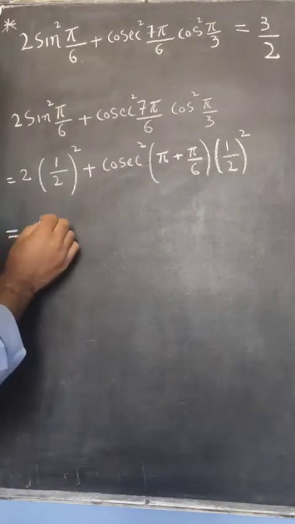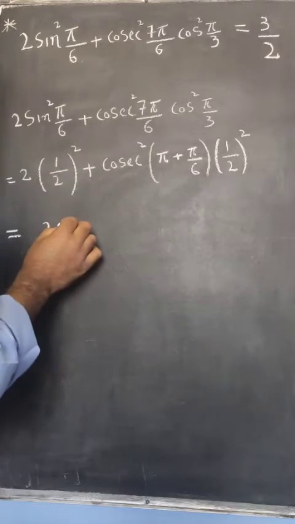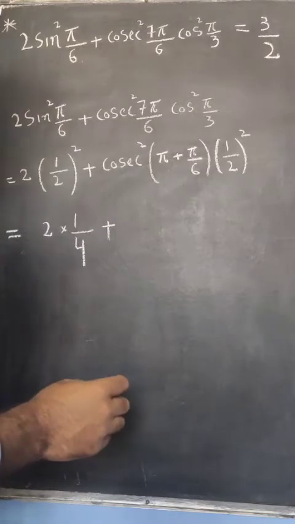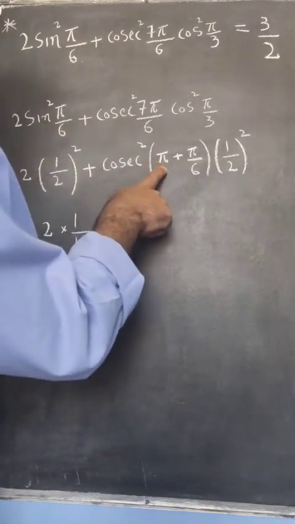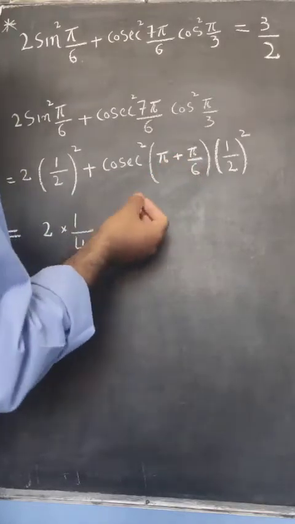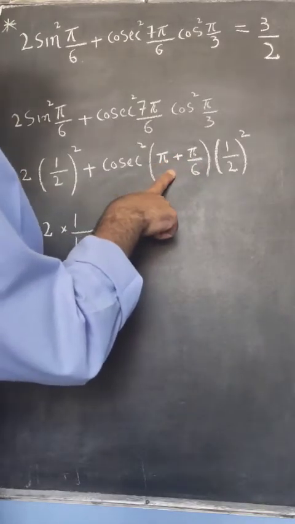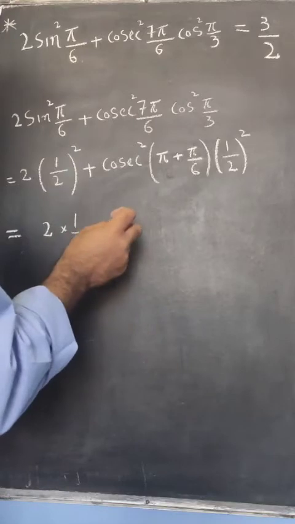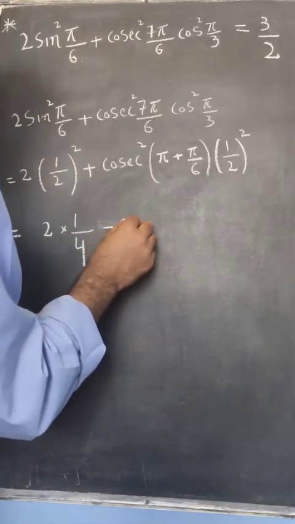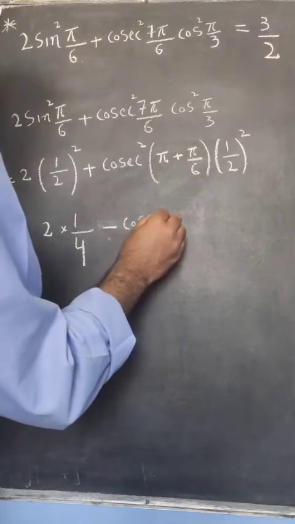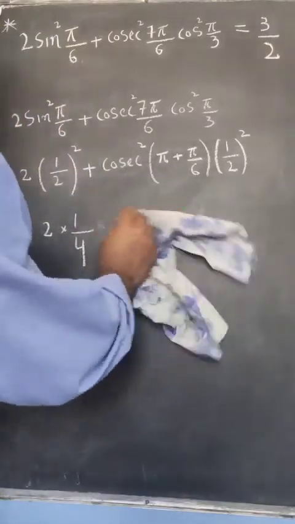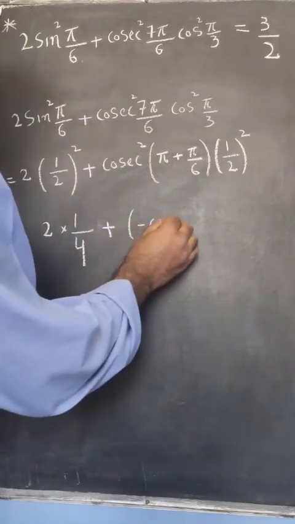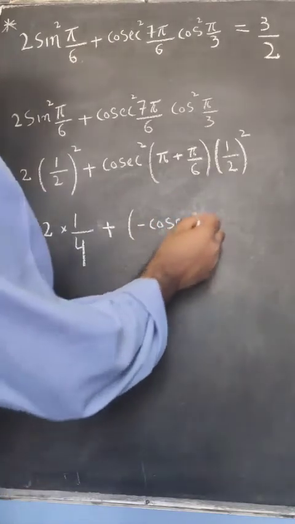This is further equal to 2, this is 1 by 2 whole square, that becomes 1 by 4, plus, now it is cosecant pi plus theta, and this is in third quadrant, and in third quadrant cosecant is negative, so we write minus cosecant pi by 6.